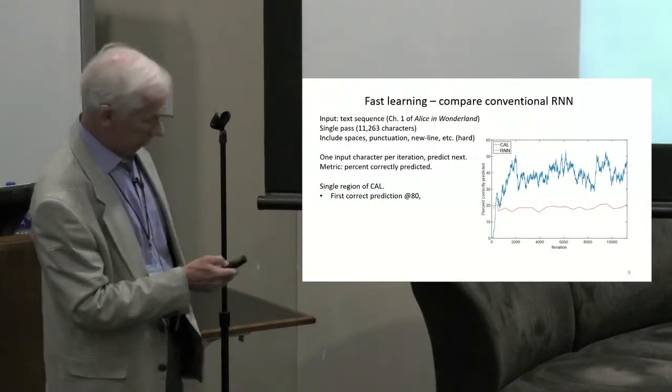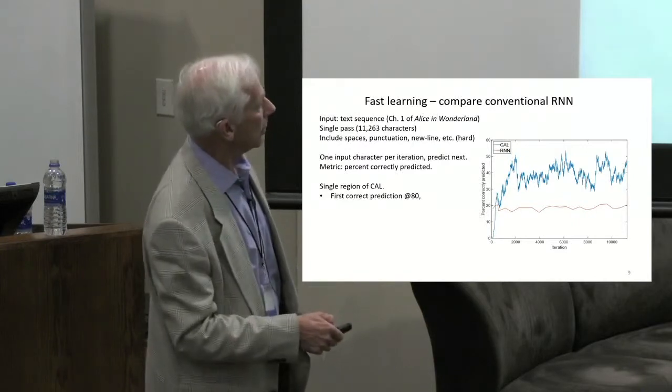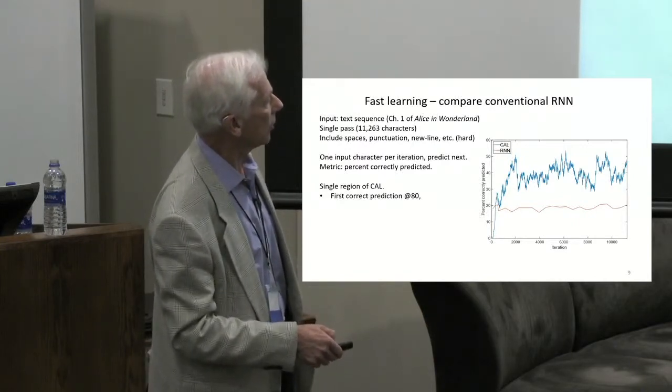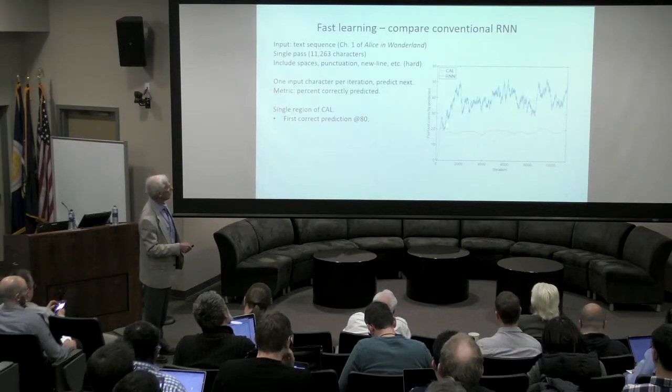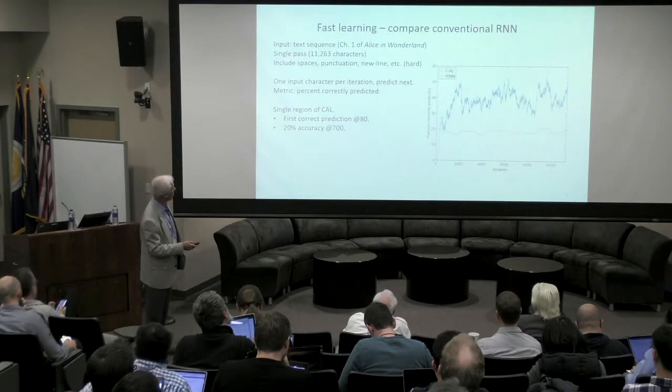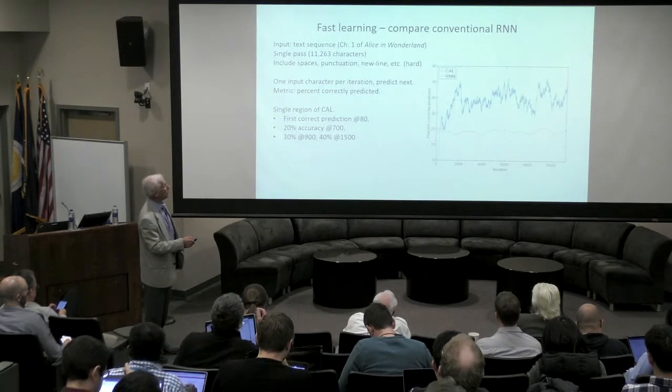So here are the results for the first chapter, 11,000 characters. Cal starts to make correct predictions very quickly, gets to about 20% relatively soon. That's the next click. And gets even higher, 40%, and sometimes peaking more.